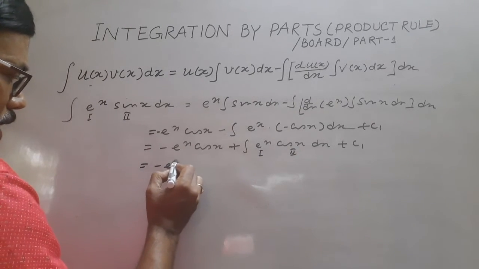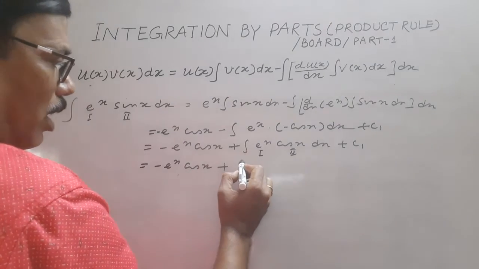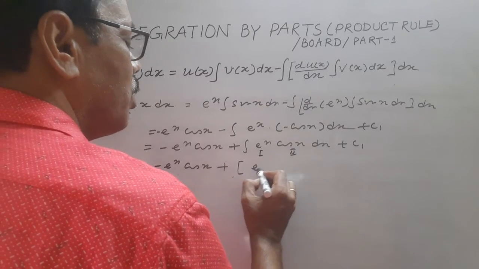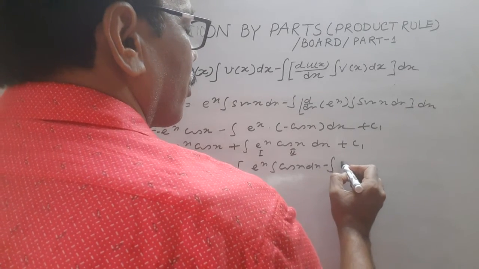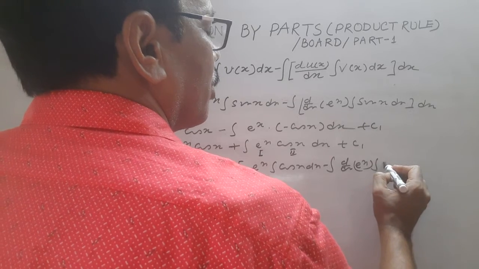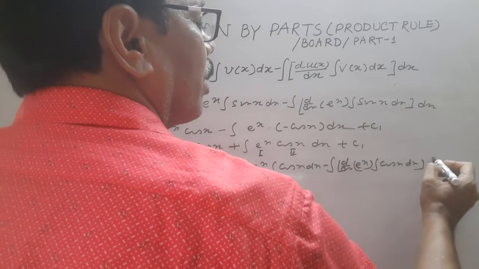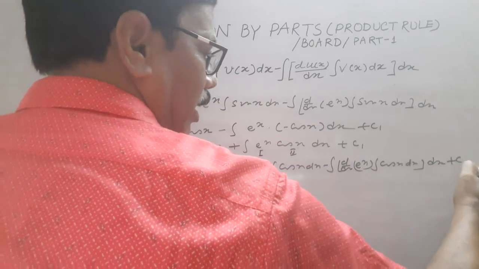So minus e to the power x cos x plus, e to the power x into integration of cos x dx, minus d/dx of e to the power x, integration of cos x dx, total integration. This one obviously another constant.